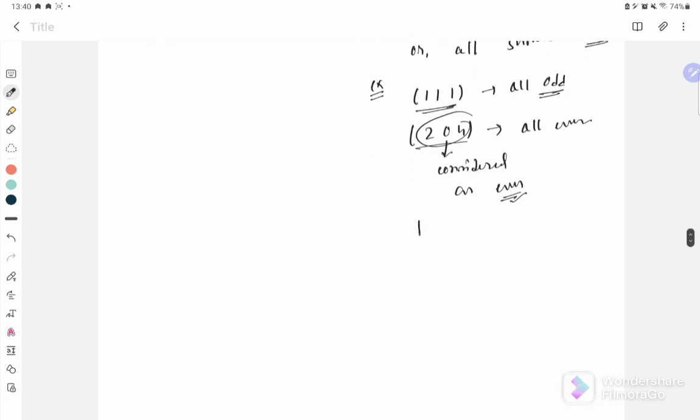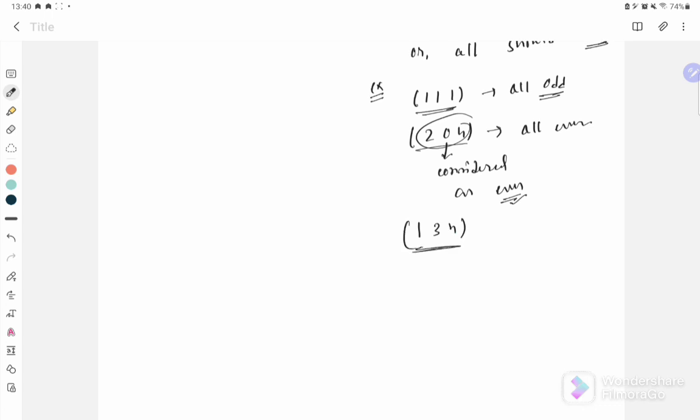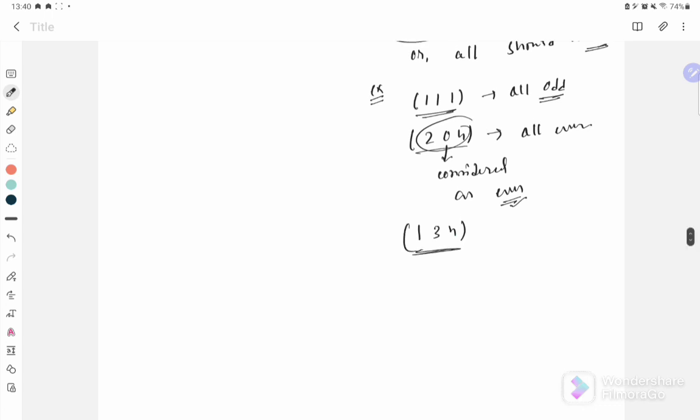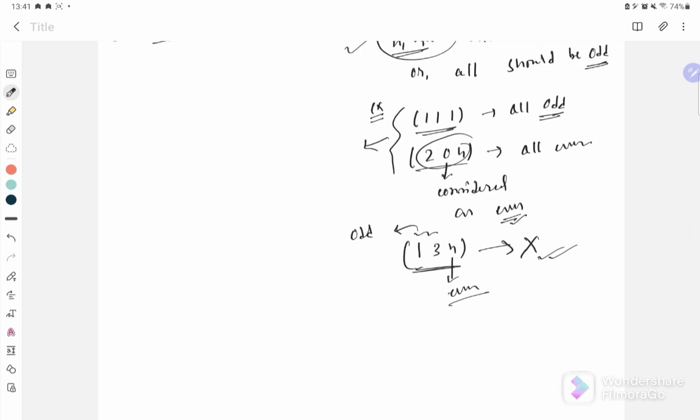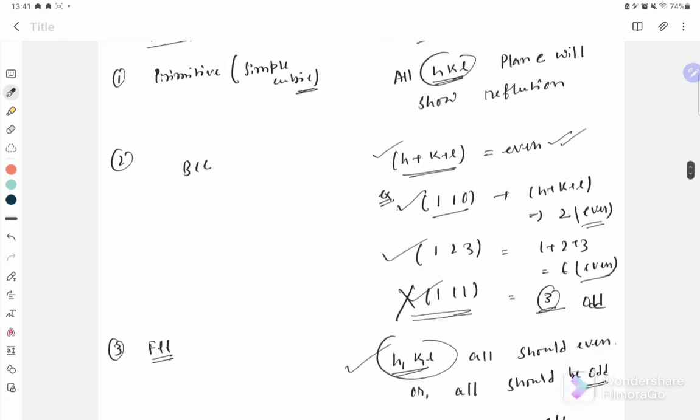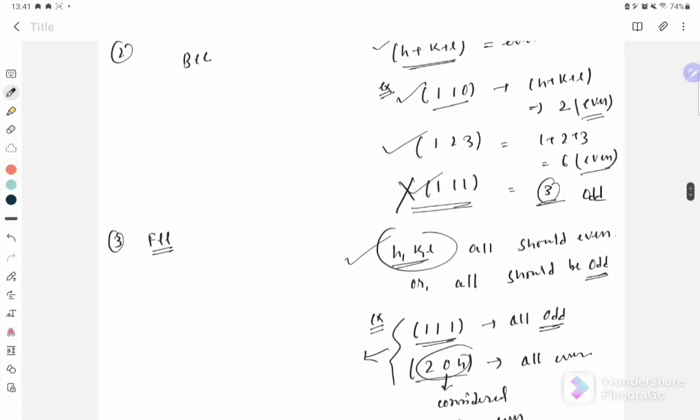But 1 3 4 is not all odd or all even, because 1 and 3 are odd and 4 is even, so this plane will not show the reflection. These two planes will show reflection. So these are the conditions for primitive, BCC and FCC.